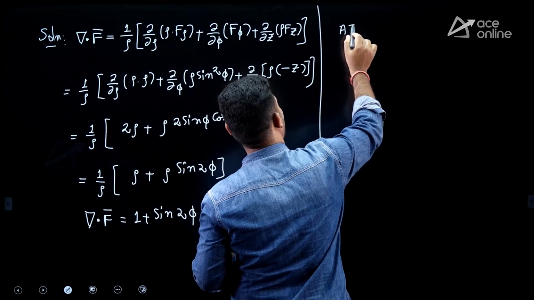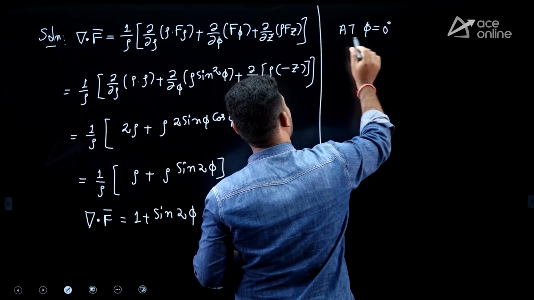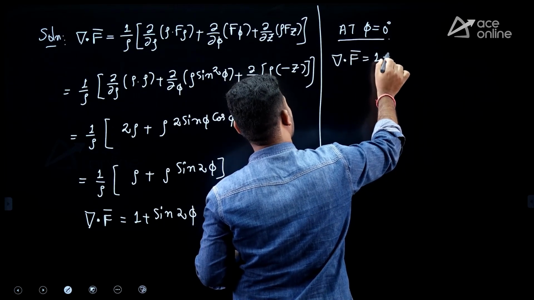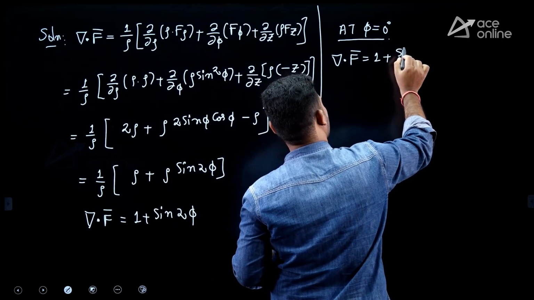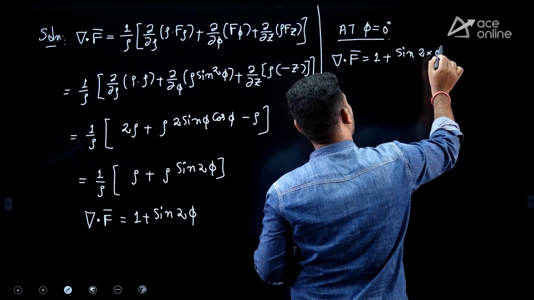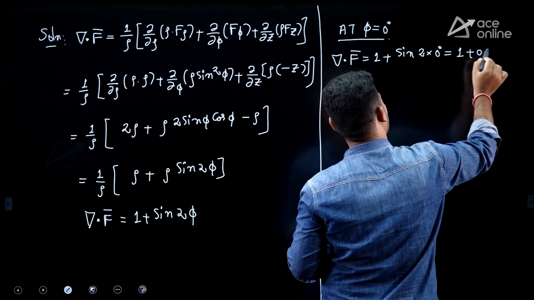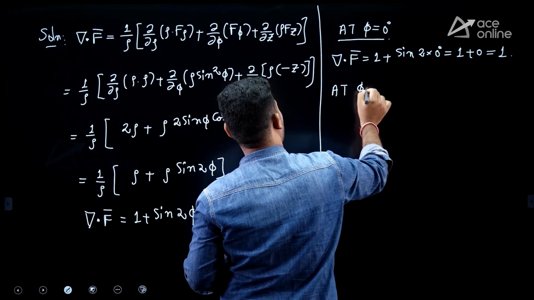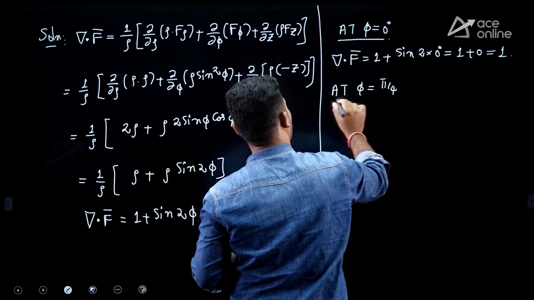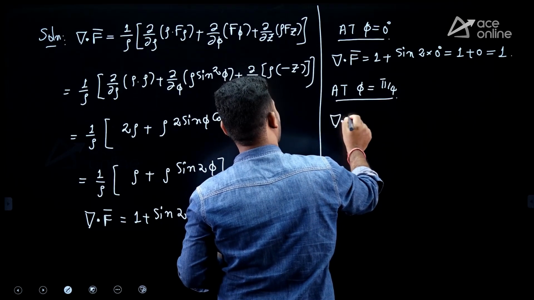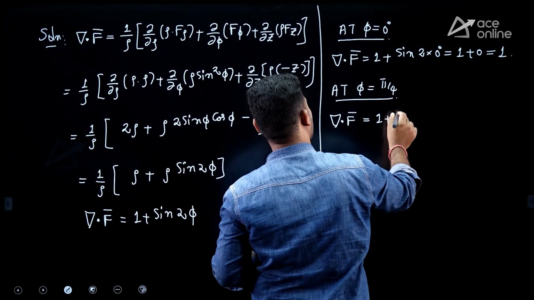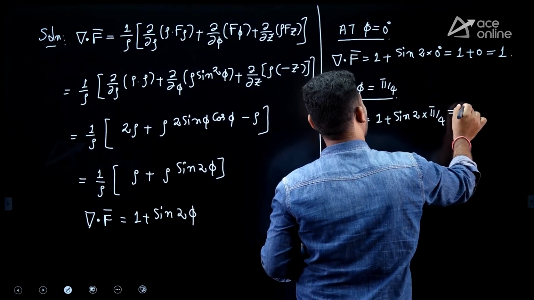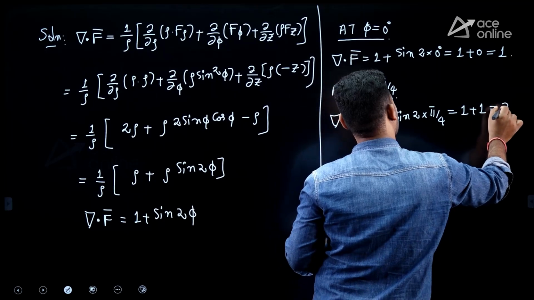So at phi is equal to 0, the divergence of f is equal to 1 plus sin 2 into 0, which is 1 plus 0, which is equal to 1. At phi is equal to pi by 4, one more point, the divergence of f is equal to 1 plus sin 2 into pi by 4, which is 1 plus 1, which is equal to 2.